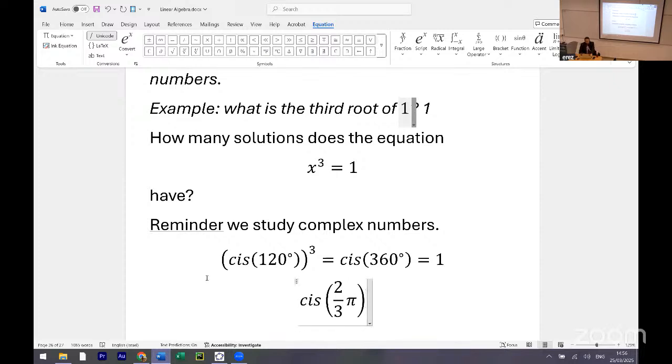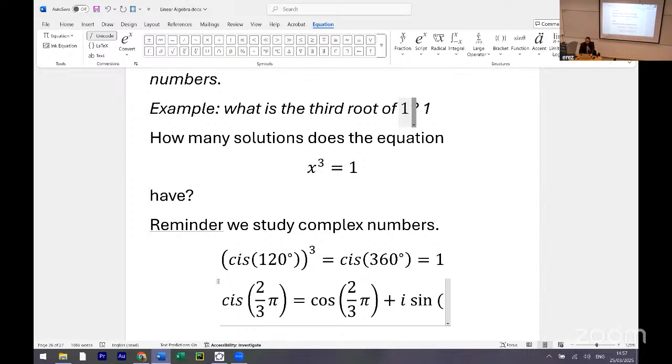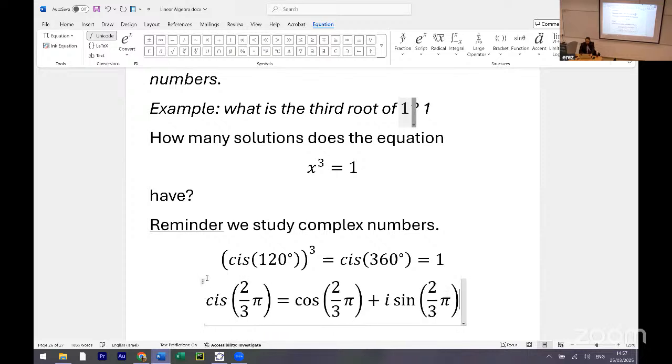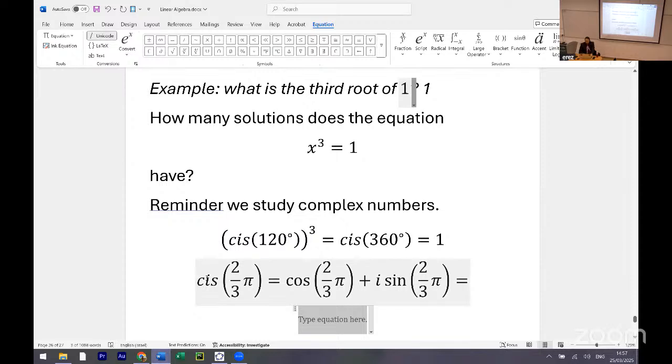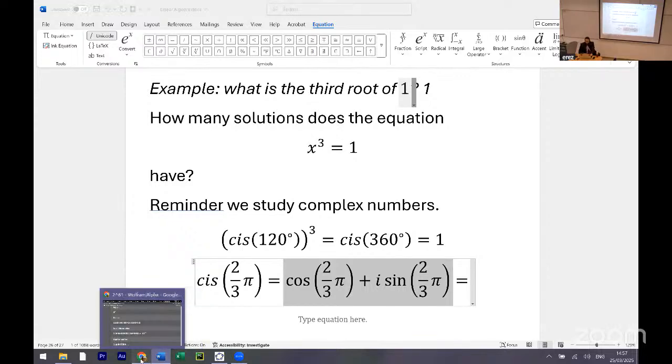Again, I don't like for you to think it's magic. It's actually the complex number. So I know how to go to the algebraic form. That's the cosine of 2/3 of a pi plus i times sine of 2/3 of a pi, which equals... I think it's -1/2, but I'm not sure.